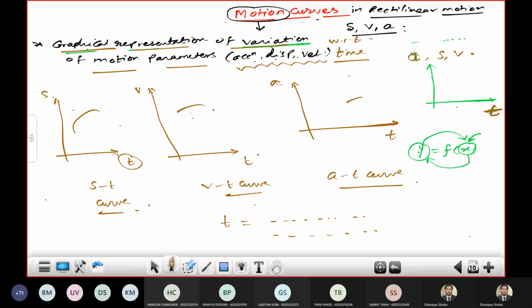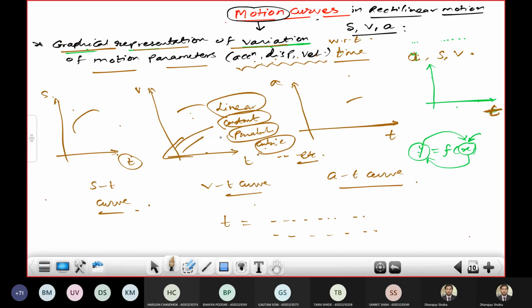Now the nature of these motion curves may be linear, constant, parabolic, cubic, anything, etc. From this particular nature of the curves, we will come to know some conclusions, and we are going to study everything here: how this nature can be interpreted, and how these parameters we can calculate.